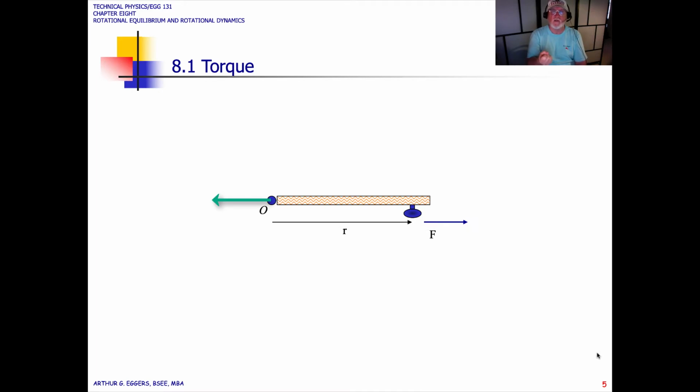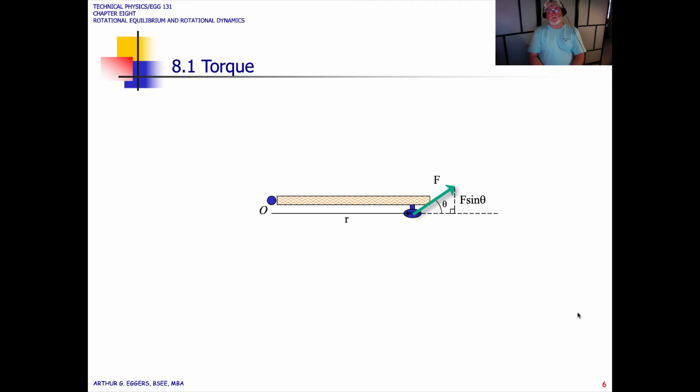And so all of our force is along the x-axis. And in doing this, the door goes nowhere because as you pull on that door, there's an equal amount of force at the hinge holding it in place. Okay, so it's pretty much static. It's not going anywhere. Unless you pull hard enough, you're going to rip the doorknob off or you're going to rip the door off of the hinges.